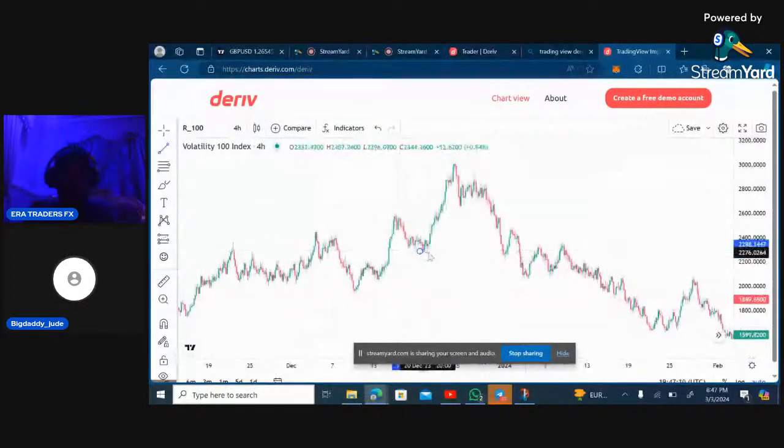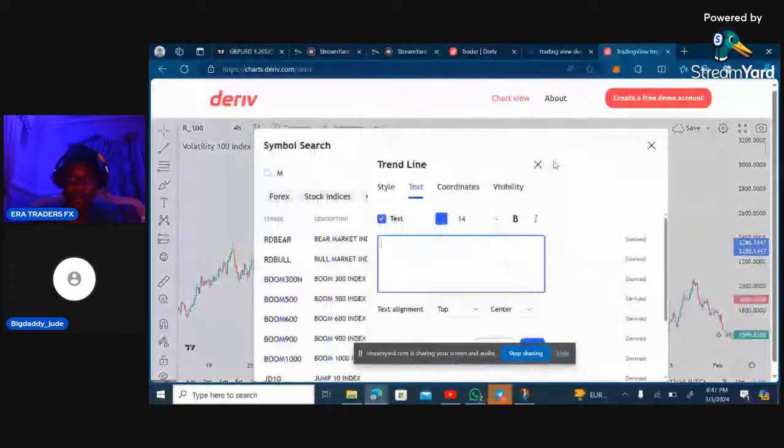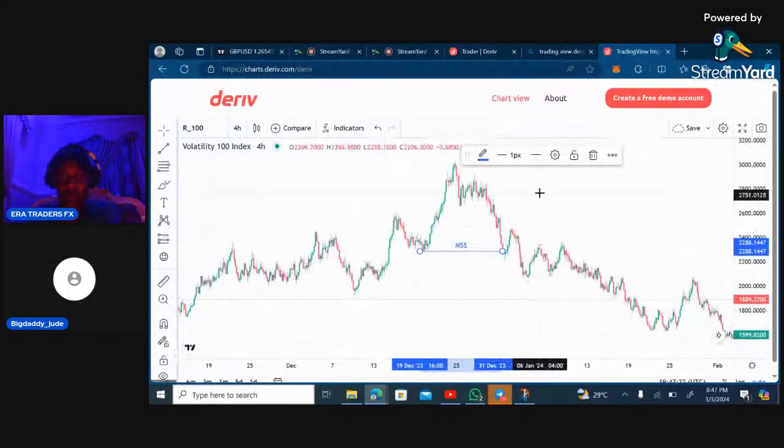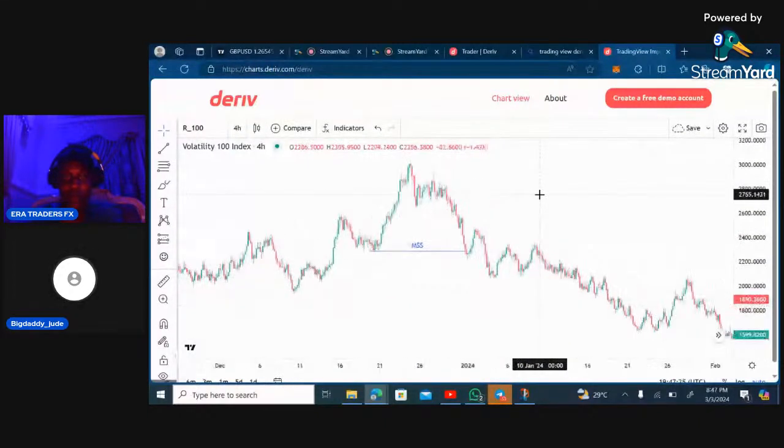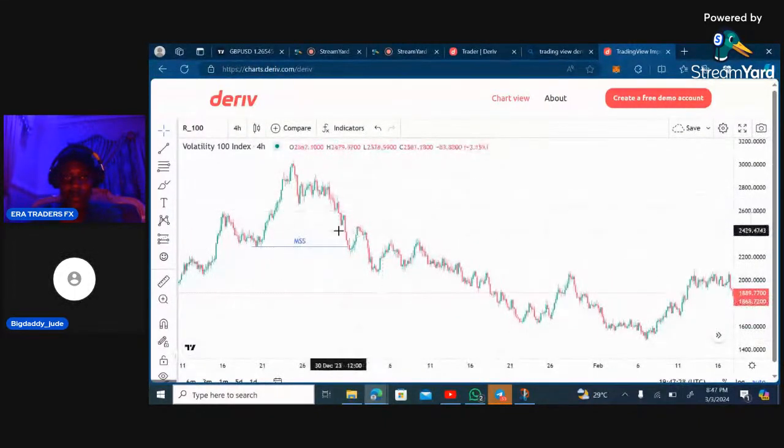I'm going to mark this out as a shift in market structure or a change of character. Since I have a change of character, I'm expecting a bearish trend.